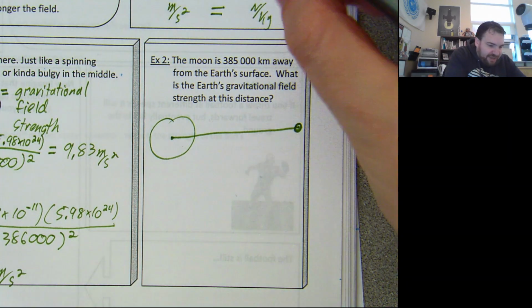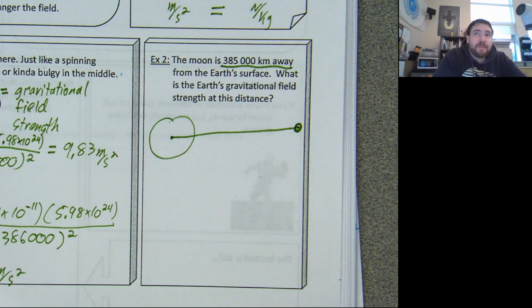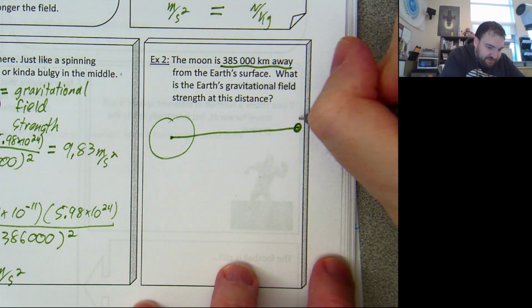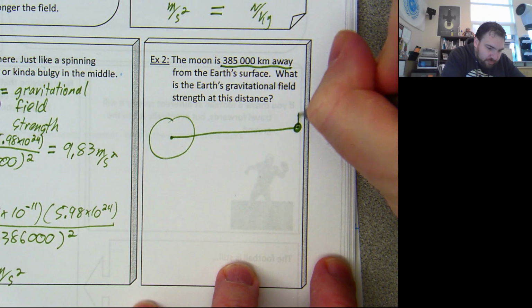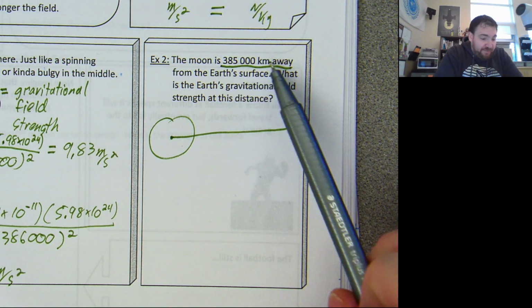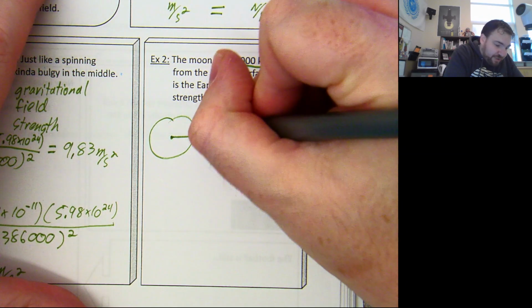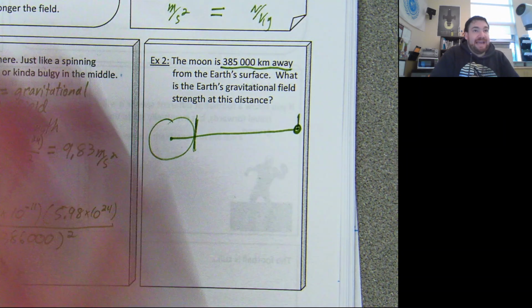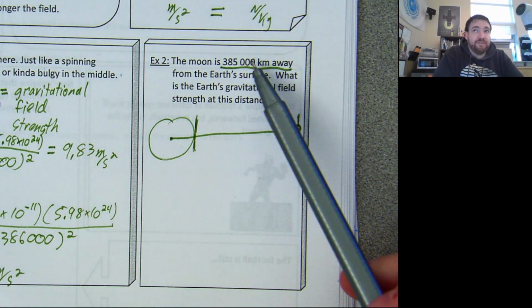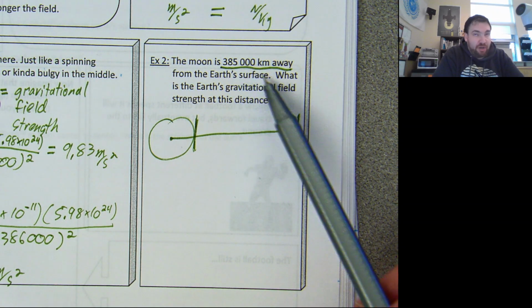And when we talk about this, the moon is this far away. What we're talking about is the center of the moon. So we don't actually need the moon's radius for this. We're not talking center to center. If the moon is this far away from the Earth's surface, what we're talking about is the center of the moon to the surface of the Earth. So the altitude of the moon, you could word it a different way. The altitude of the moon is 385,000 kilometers.